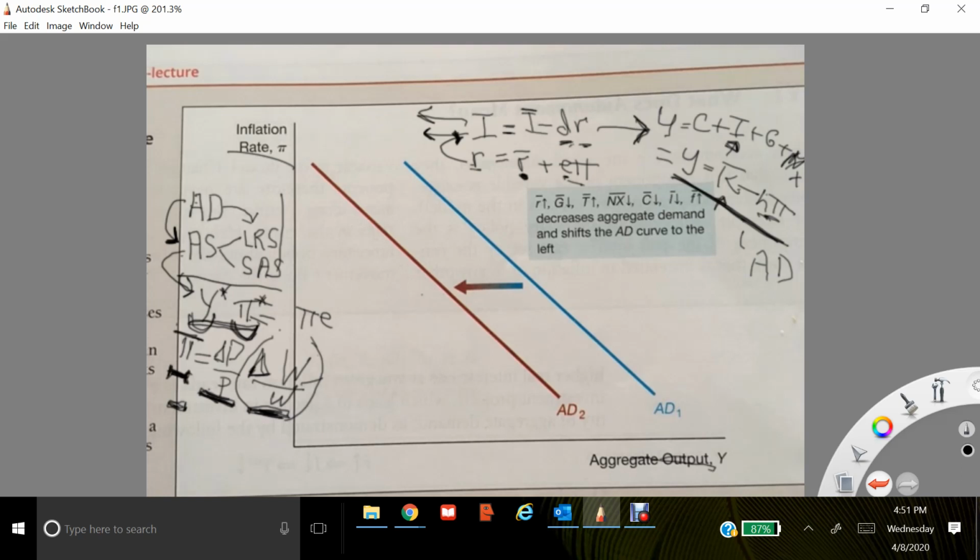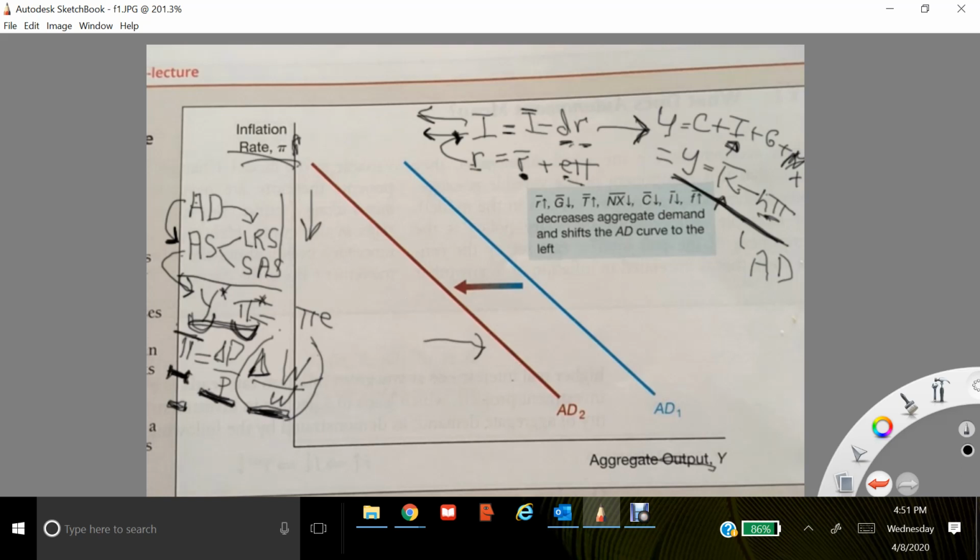Out of all this, all you have to remember is that inflation really is a stand-in for the real rate of interest, and as you lower real rates of interest, there's more demand in the economy.